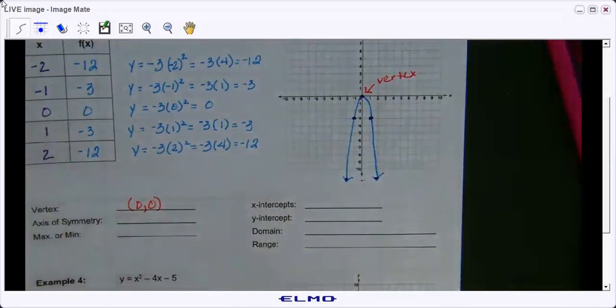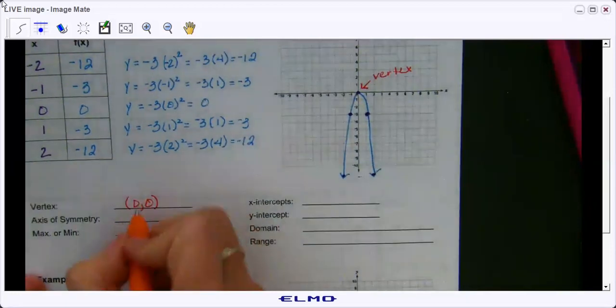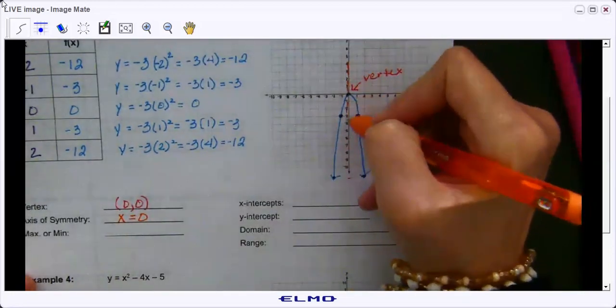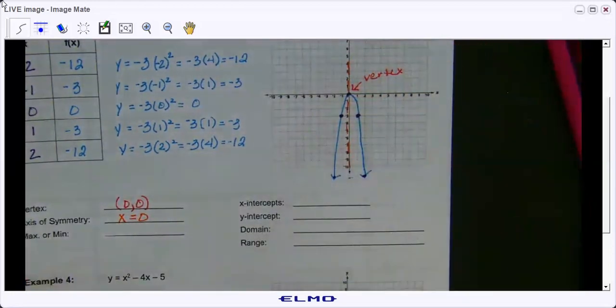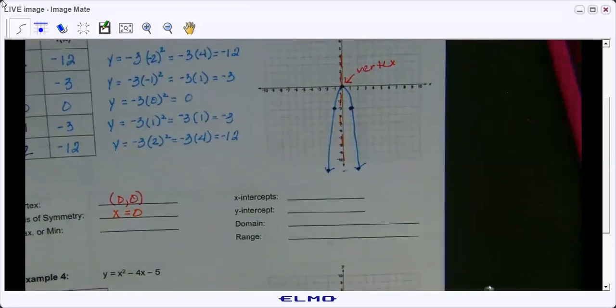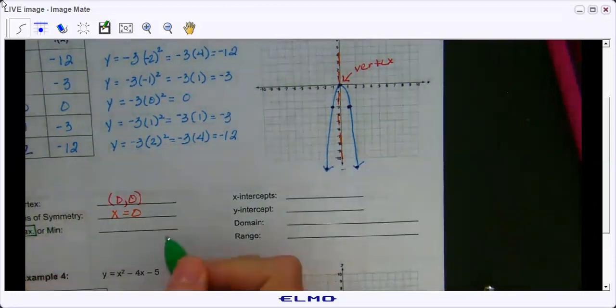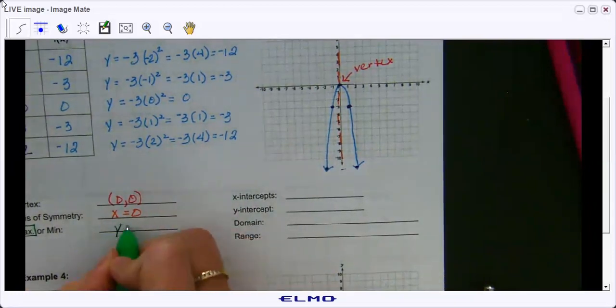Our axis of symmetry is x equals 0, because it goes right through the y-axis at 0. Now, is this a minimum or a maximum? It's a maximum, and the maximum is y equals 0.